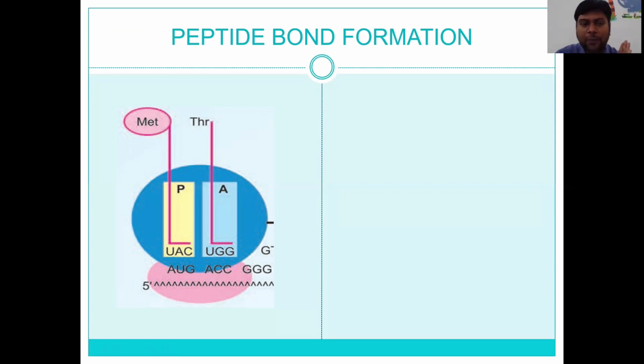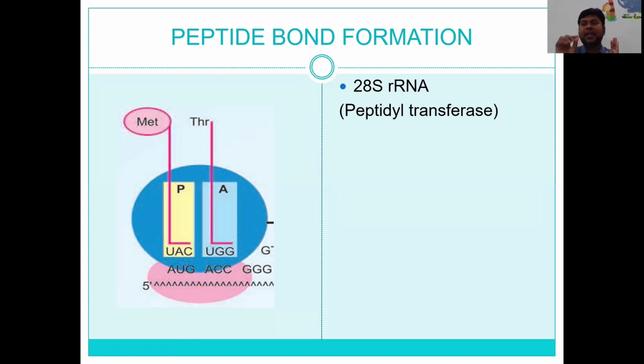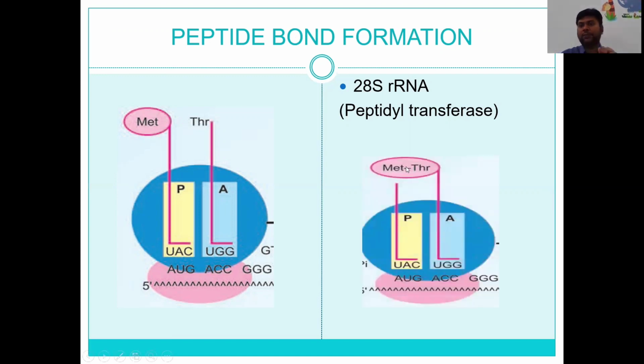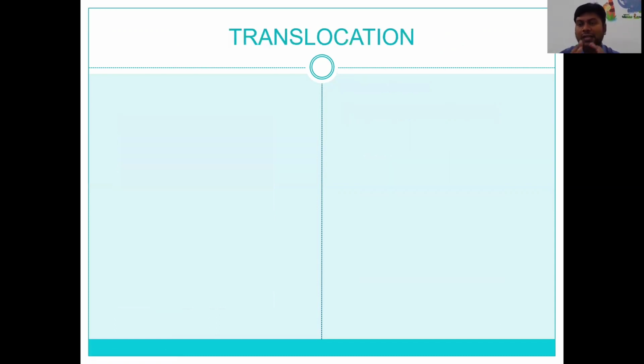This transfer of amino acid from one site to the other is catalyzed by an enzyme called peptidyl transferase, whose enzyme activity is mainly provided by 23S rRNA in prokaryotes and 28S rRNA in eukaryotes. In this reaction, the carboxyl end of the amino acid present at the P site will react with the amino end of the amino acid present at the A site to form the peptide bond.